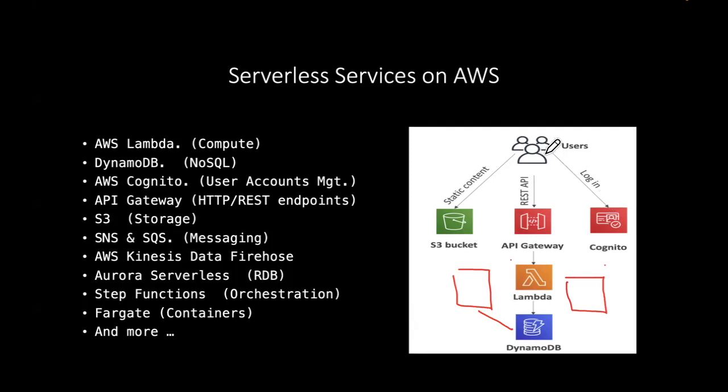So your React app's login page will be communicating with this Cognito service, and the Cognito service will validate your credentials, username and password, and typically return a token. In our case, it will be a JWT token, and that token will be used for subsequent requests that you send to the API gateway as a way of authenticating with the gateway in order to give you access to the Lambdas.